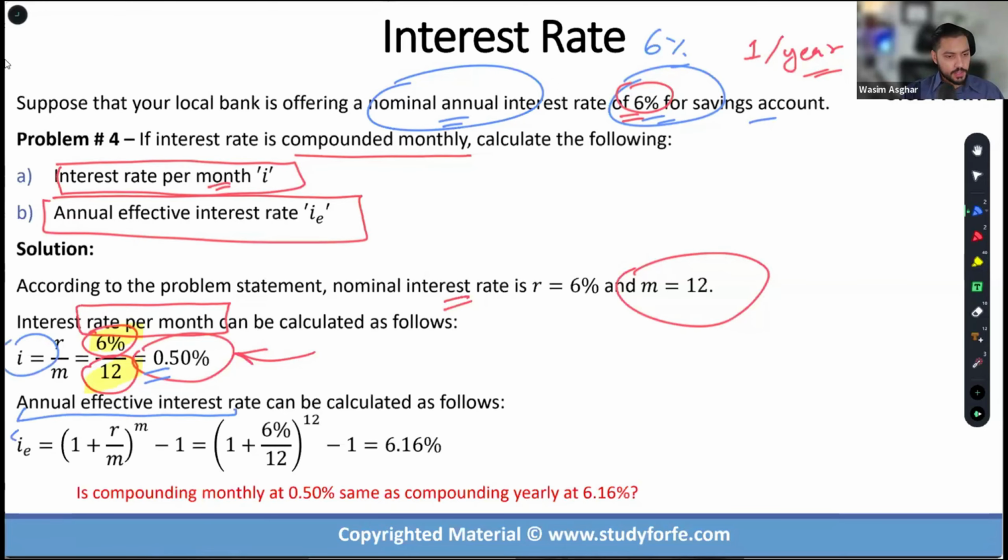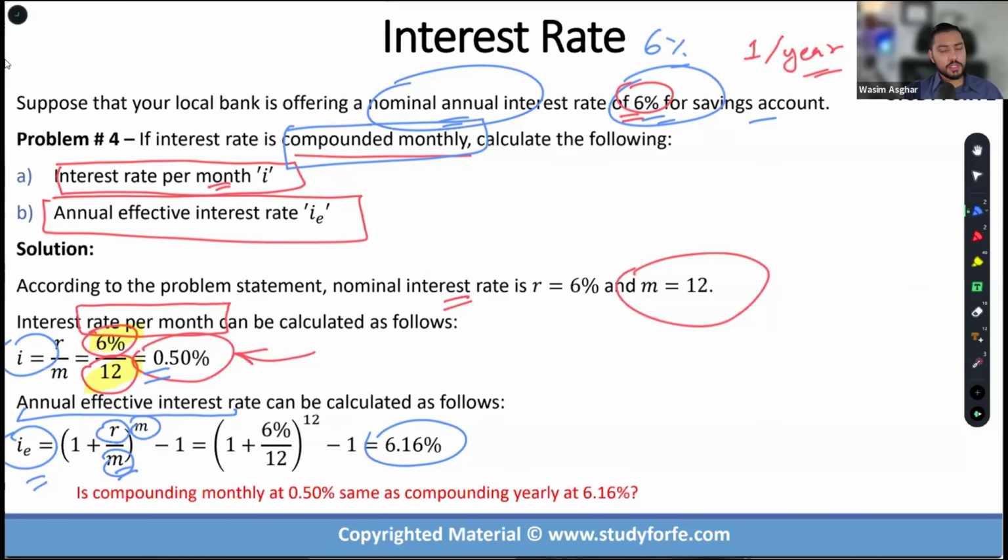The goal here, guys, is that I want to come up with just one rate that I'm going to apply once a year to give me the effect of monthly compounding. And that is this formula. What this formula is telling me is, when you punch in the nominal interest rate, which takes only one compounding per year, and the problem statement says that compounding is actually happening 12 times a year on a monthly basis, this is that M, and we end up calculating this as 6.16%.